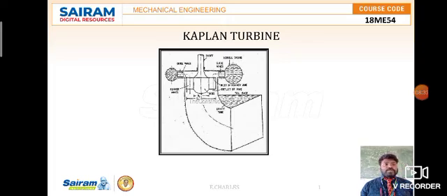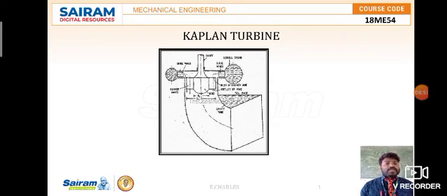The whole hub size is the external diameter, capital D, and the shaft diameter is small d. Then there will be a scroll casing, a guide vane, then the inlet of the runner vane and the outlet of the runner vane. The blades are fixed over there.